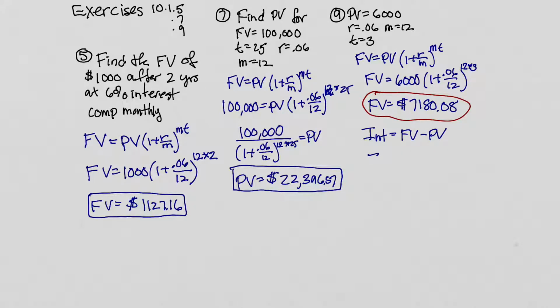With our numbers, the interest is 7180.08 minus the 6,000. So we're going to claim that the interest that we made on this money is $1,180.08. And that's the answer to the second part of our question.